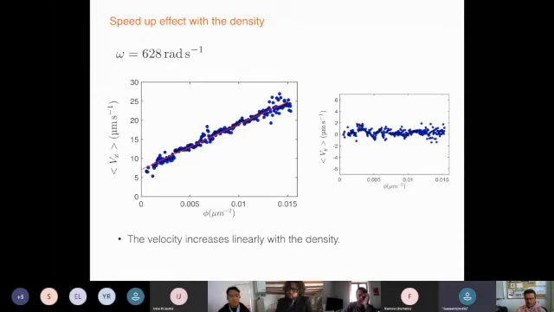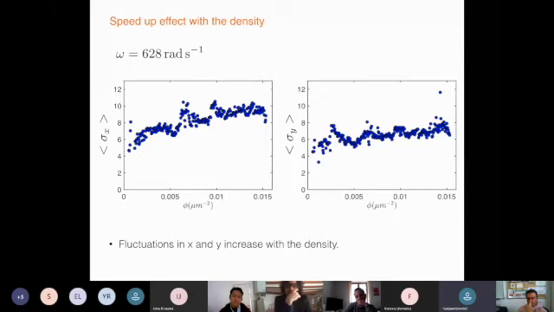What you can see is a linear increase of the velocity with the packing fraction, with the density, sorry. And of course, the transverse velocity is always 0. You don't have net motion in the y direction.